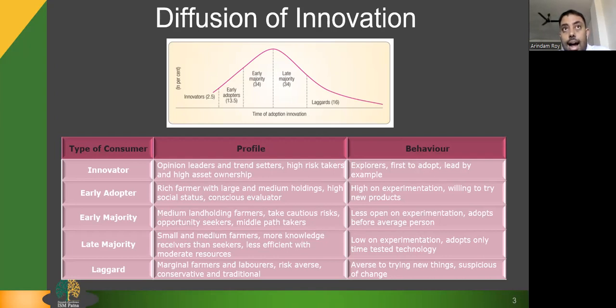They are the major group of people who would adopt time-tested methods or time-tested products available in the market. They are not going to lead any innovation or experimentation. But once the experimentation has been successful by the early majority or early adopters, the late majority people are going to pick up those products.